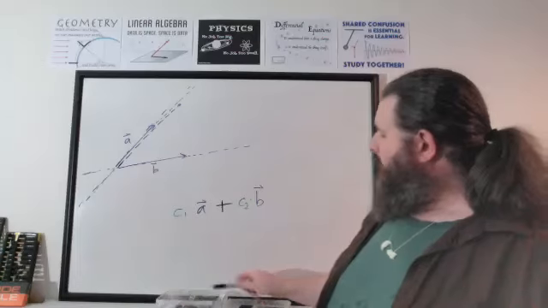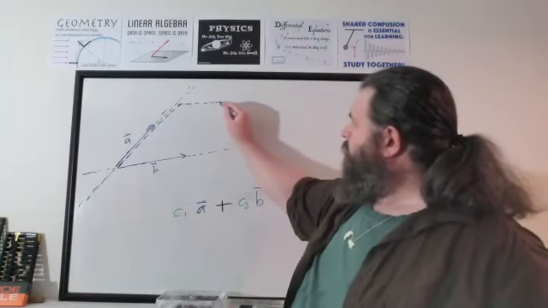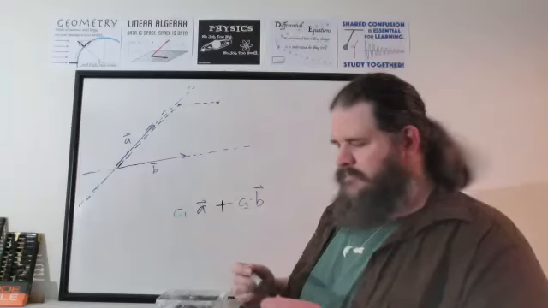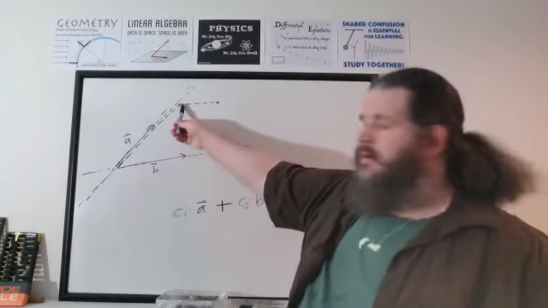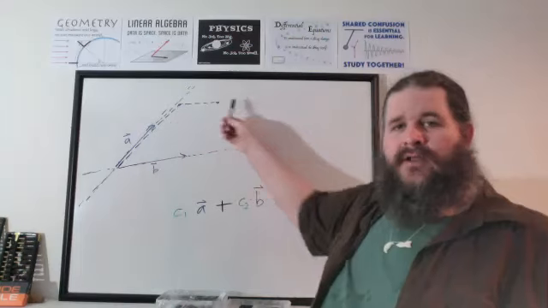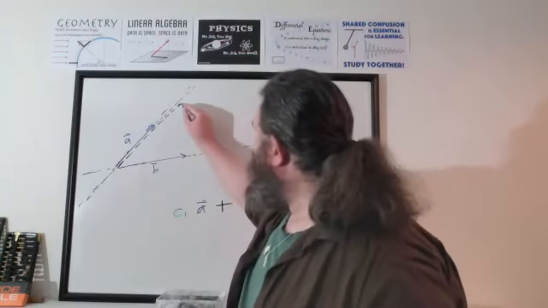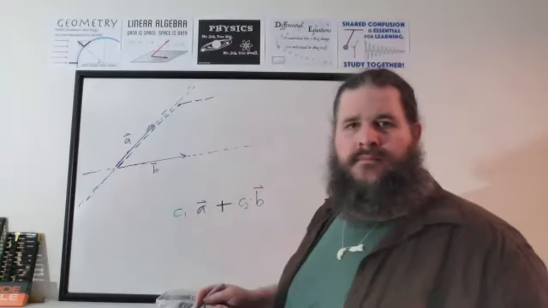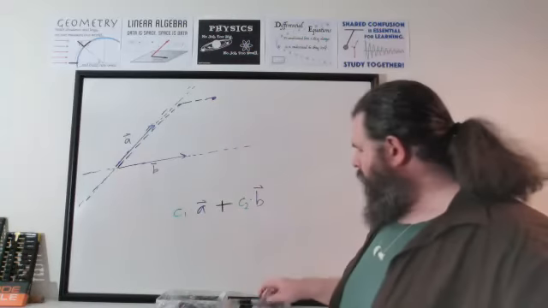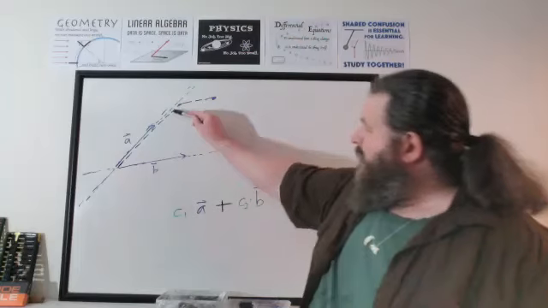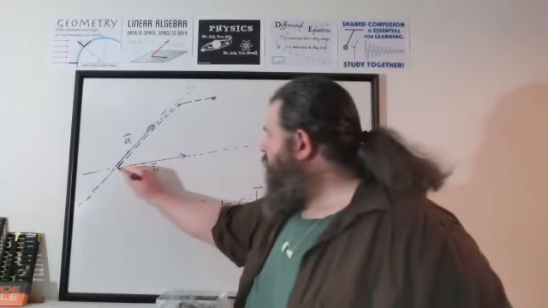So maybe you got 1.5 A plus 2/3 of B. So 1.5 A means go that far in this direction. 2/3 B means go this far in that direction. I guess that should be more parallel. And so you end up there. So if you've got 1.5 A plus 2/3 B, just as one example, your result is this vector.